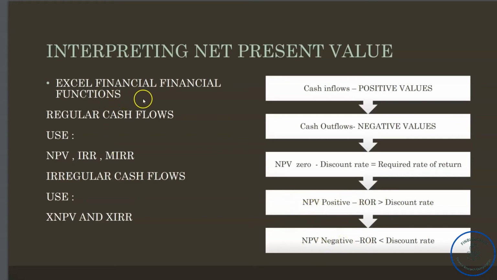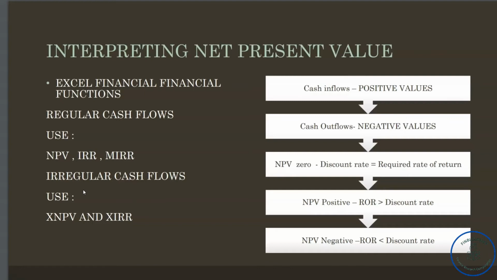In Excel financial functions, we'll be using two kinds of functions. One is for regular cash flows. If you have regular cash flows, then you have to use the functions NPV, IRR and MIRR, right? And in case you have irregular cash flows, say in the January month itself you're getting cash flows, say on 15th of January you're getting a cash flow, and once again on 20th of January, then you're not getting any cash flow.